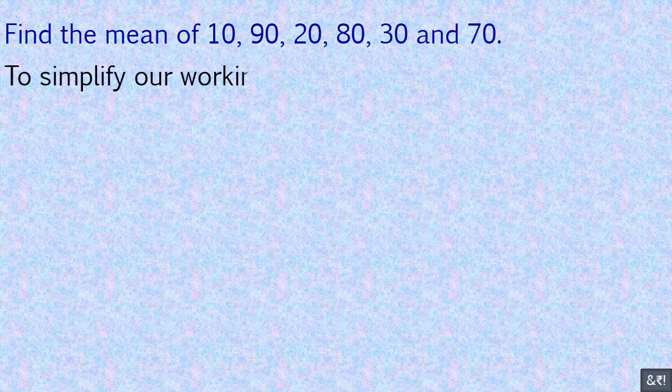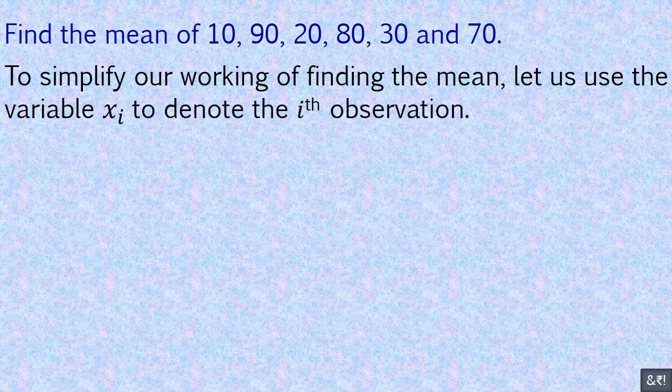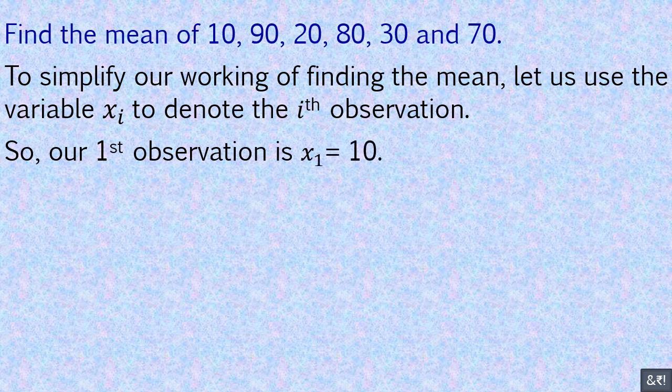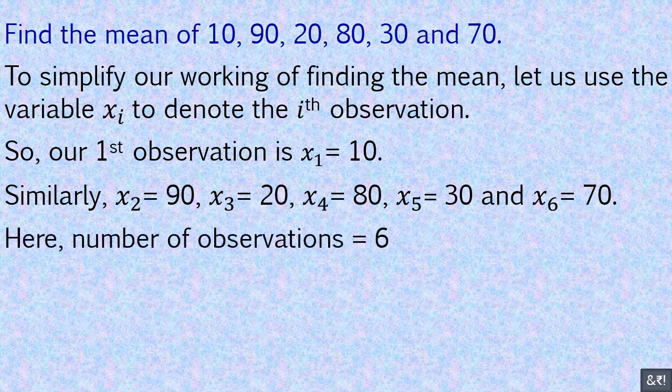To simplify our working of finding the mean, let us use the variable xi to denote the ith observation. So, our first observation is x1 equals 10. Similarly, x2 equals 90, x3 equals 20, x4 equals 80, x5 equals 30 and x6 equals 70. Here, number of observations equals 6.